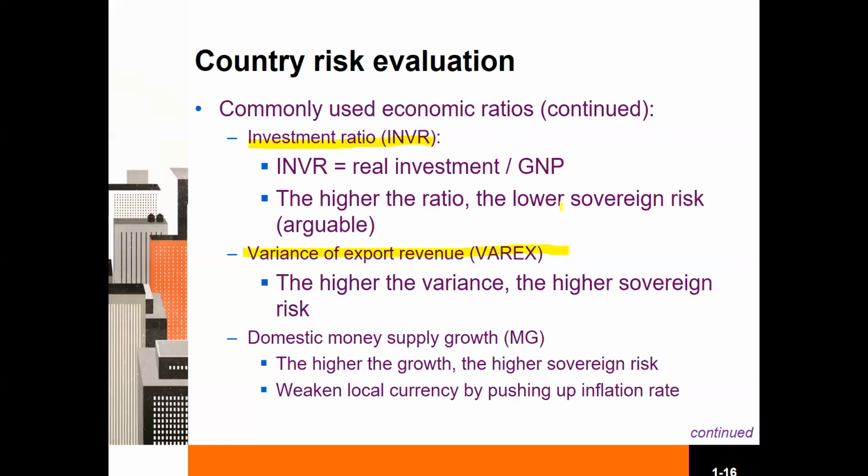The next variable we discuss is the variance of export revenue. You can say that the variance of export revenue is the variance of the export revenue over a period of time. A country's export revenue may be highly variable due to two risk factors. One is quantity risk, meaning that production of the raw commodities the country sells abroad, for example, coffee or sugar, is subject to periodic gluts and shortages.